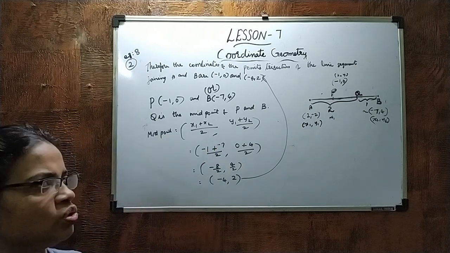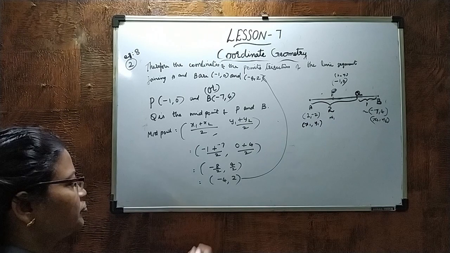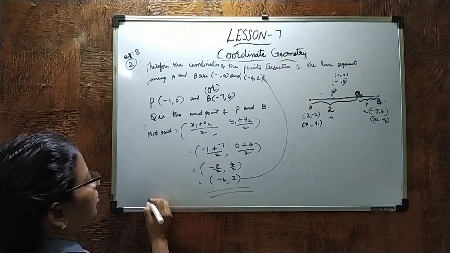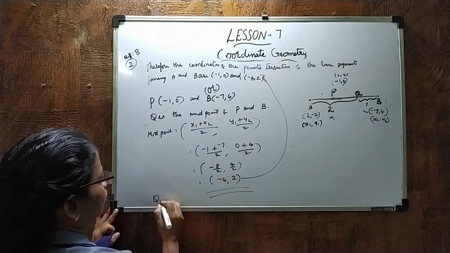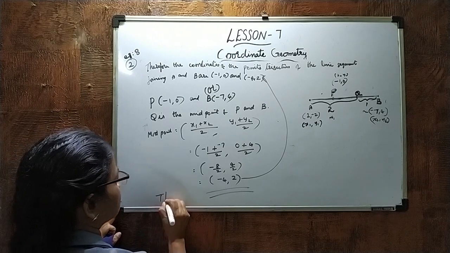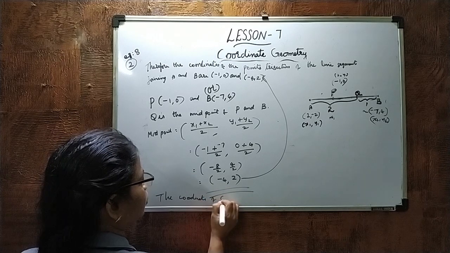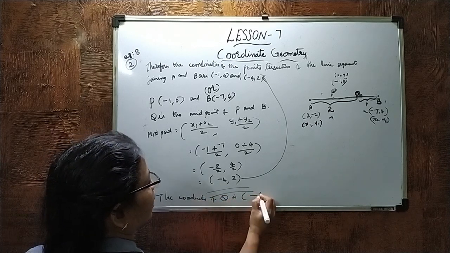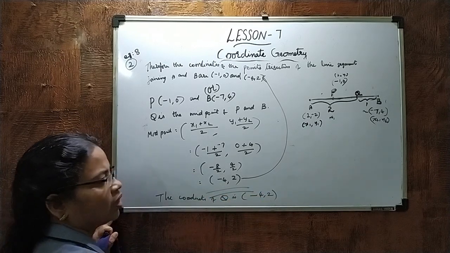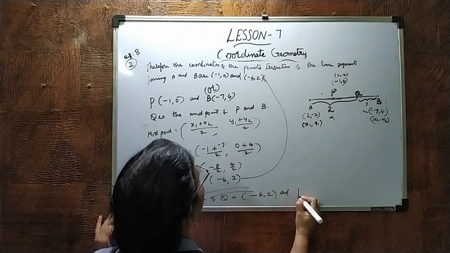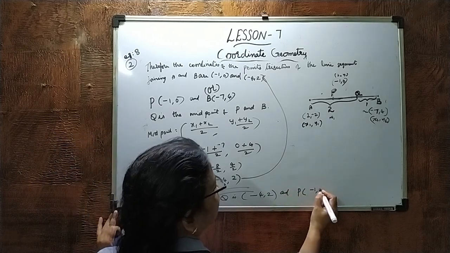Whichever we prefer, you can do. So Q is negative 4, 2 and P, already we got, is negative 1, 0.